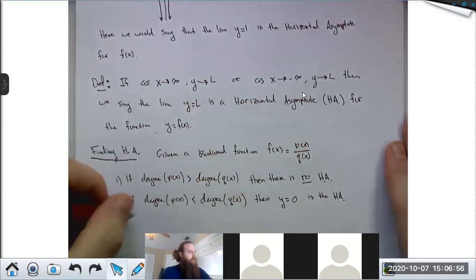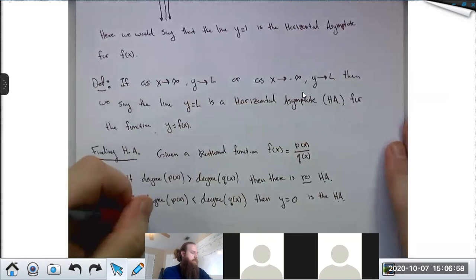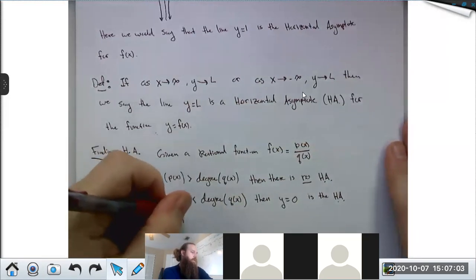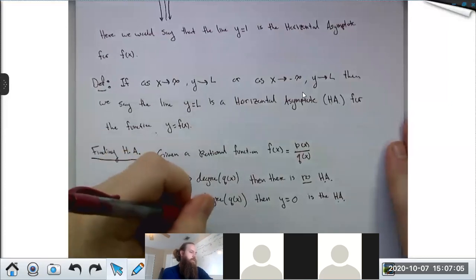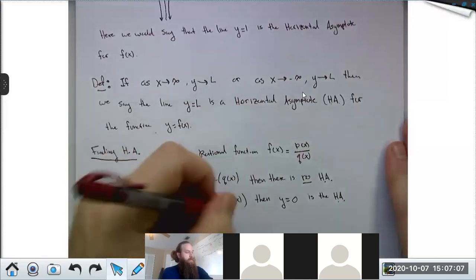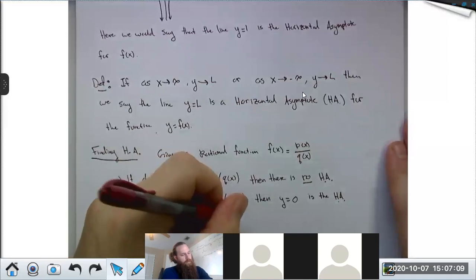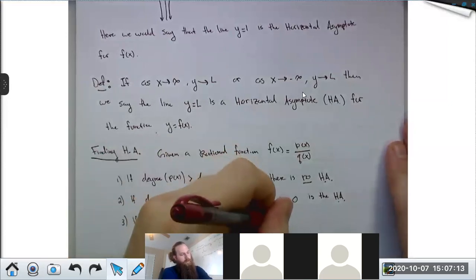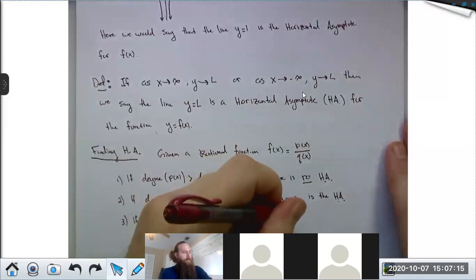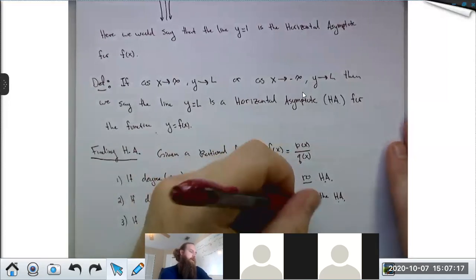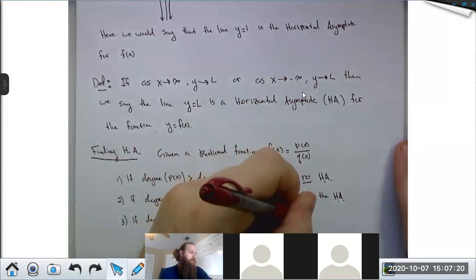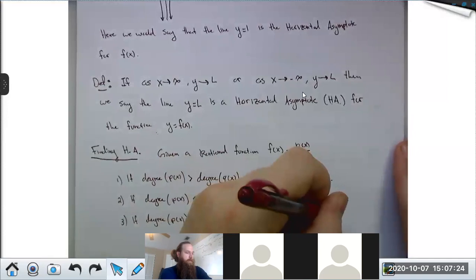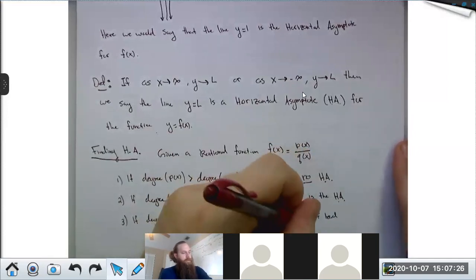The fun case is if the degrees match. Then the horizontal asymptote will be the line y equals the ratio of lead coefficients.